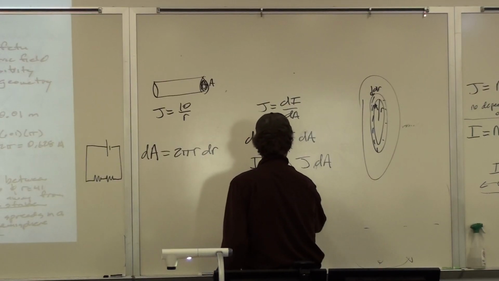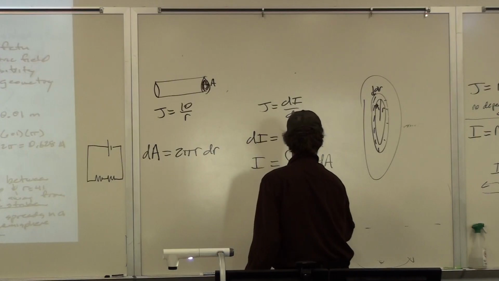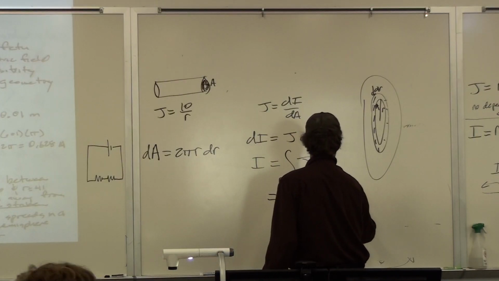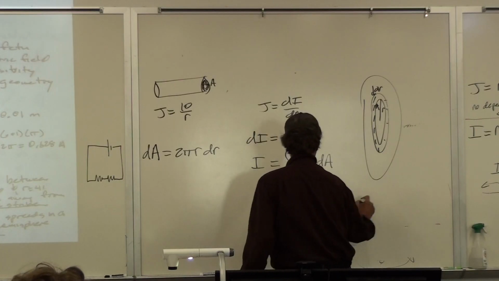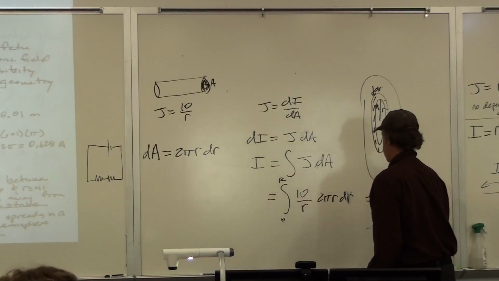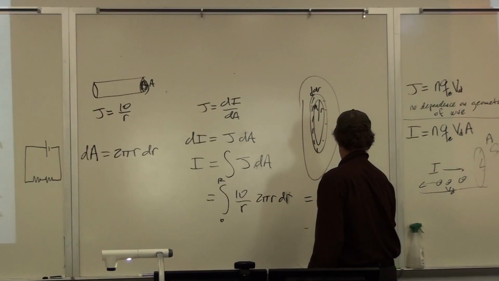We'd integrate this from 0 to big R. So this would be 10 over R times 2 pi R dr. So the r's would cancel, and that would give us 20 pi times big R.